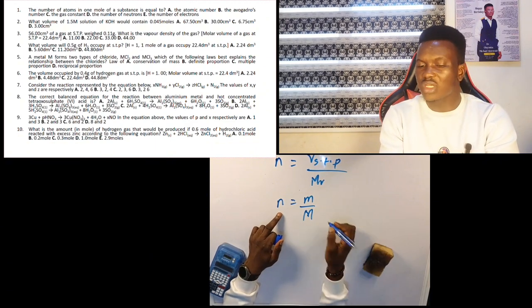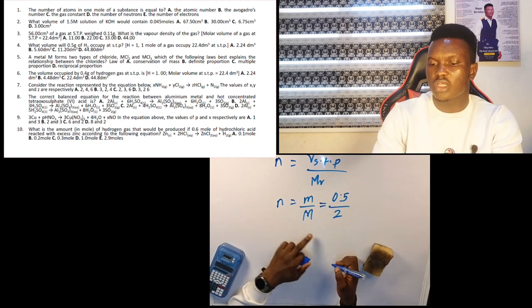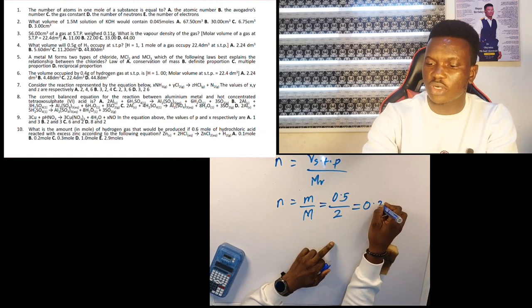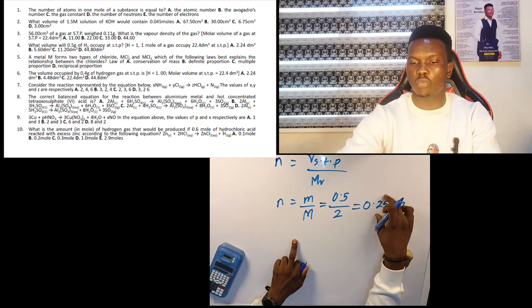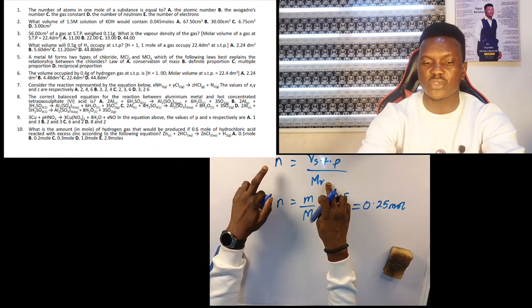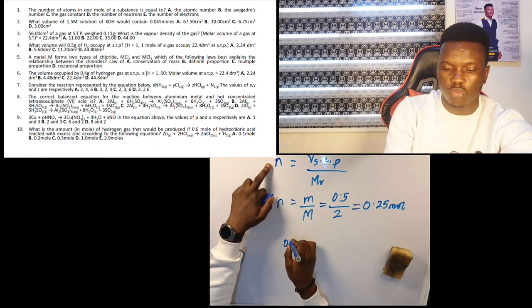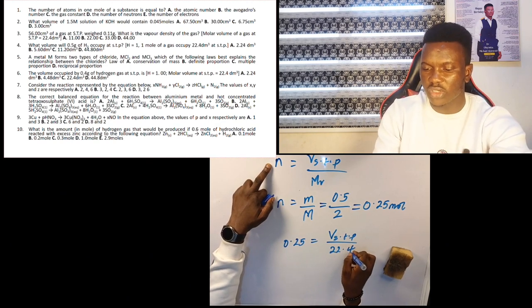Shey you get? And what's the molar mass for hydrogen? 2, and that's going to be 0.5 divided by 2. 0.5 divided by 2, that's going to be 0.25 mole. So the number of mole of hydrogen is 0.25. So how do I get volume at STP now? My molar volume is 22.4. So number of mole 0.25 is going to be volume at STP over molar volume, which is 22.4 dm cube.